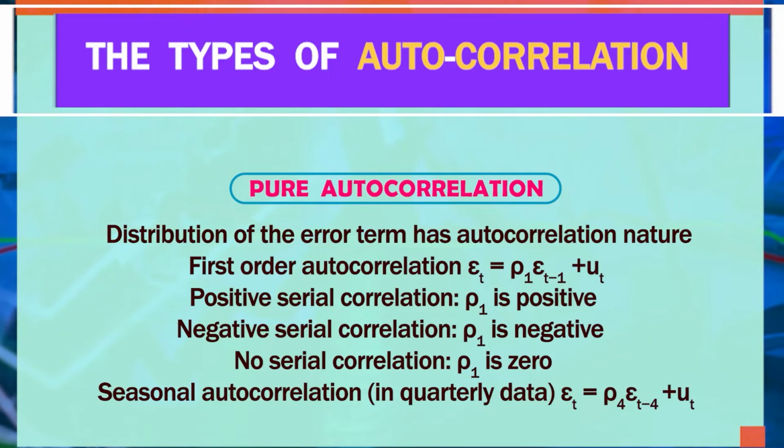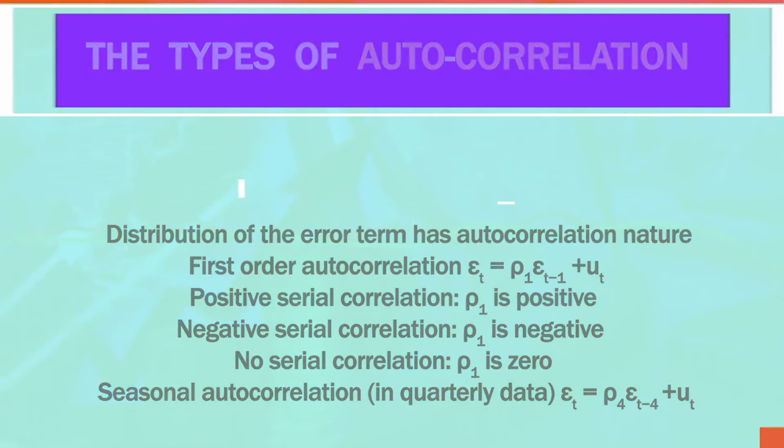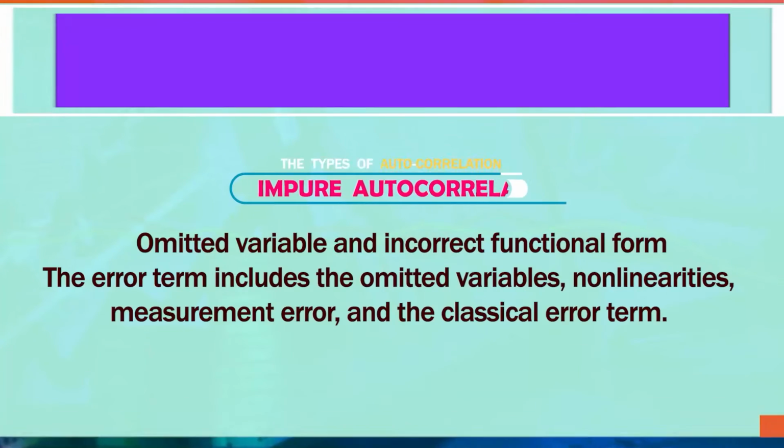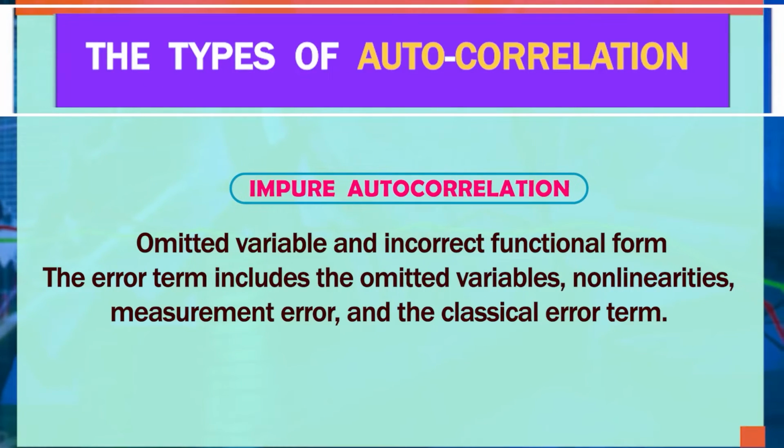And so the value can be positive or negative, or if this does not exist, then there is no autocorrelation problem. Sometimes we deal with seasonal data, then we can go for 4 quarters and thereby we can go for ρ4.